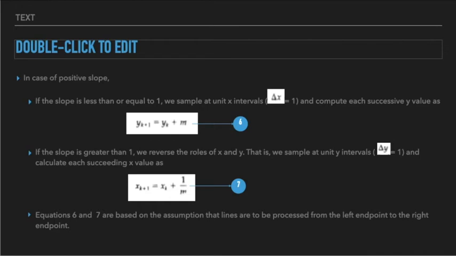So delta x will be equal to 1, and we compute the successive y values using the equation yk plus 1 equals yk plus m, where k takes integer values starting from 1 for the first point and increases by 1 until the final endpoint is reached.